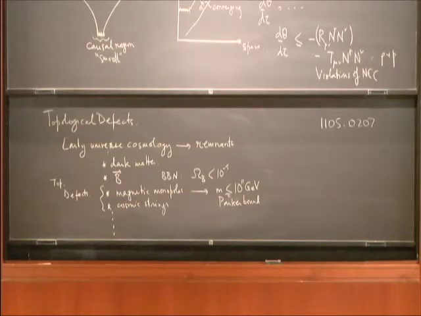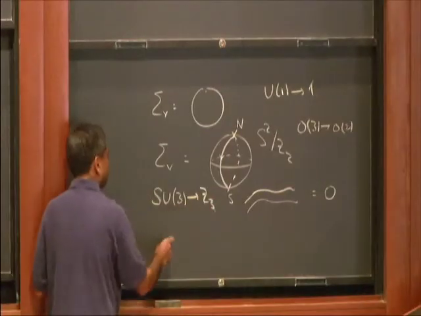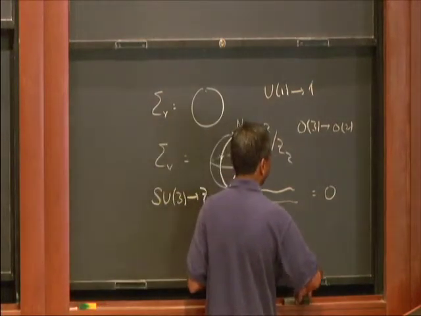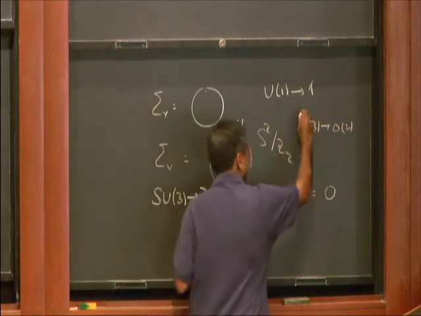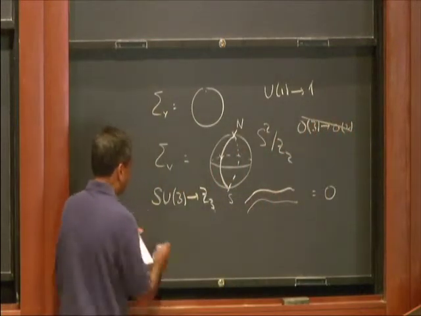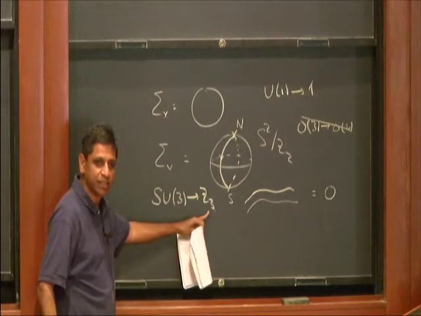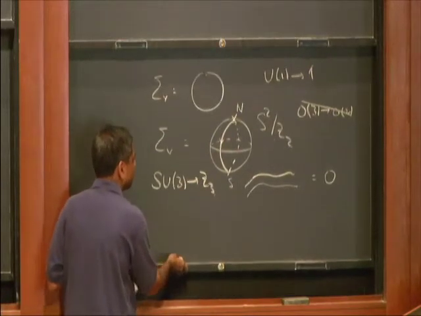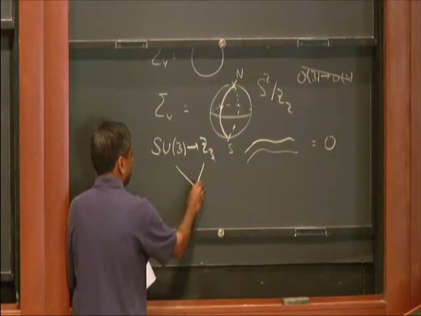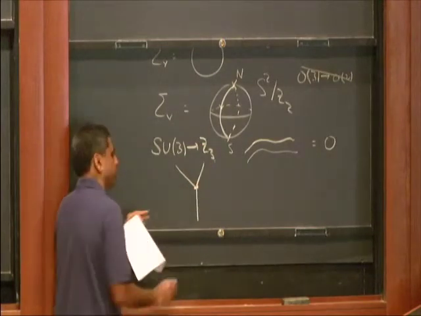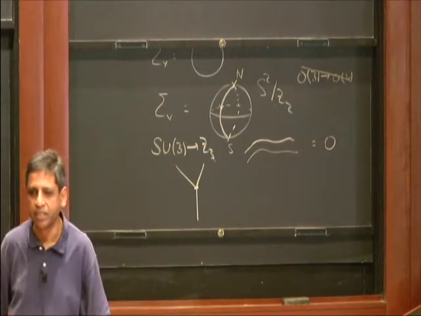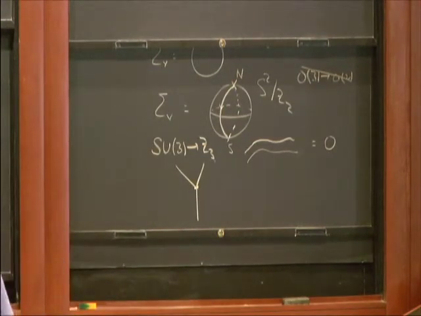You could also have SU3 to Z3, in which case you would also get strings, but the strings could have junctions. So you could have one string and then it splits into two strings, a bit like QCD, where you can have QCD flux tubes that go and split.